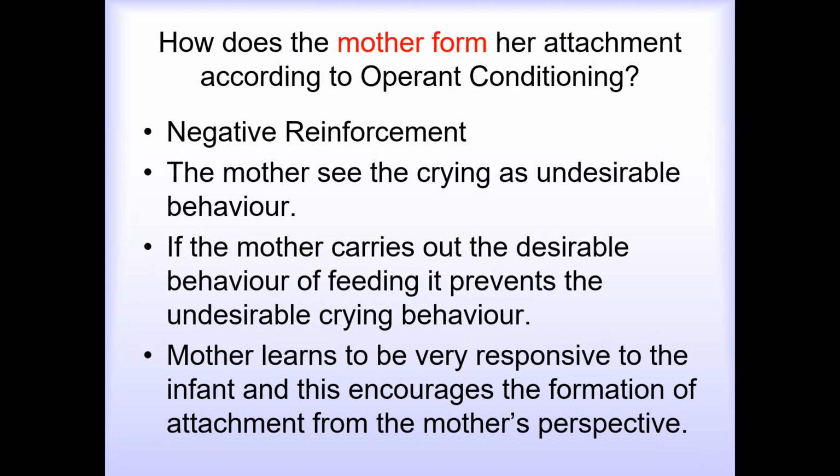She's becoming very sensitive to the infant's needs to prevent any undesirable behavior from happening, for example, crying. So here we've used operant conditioning to explain how attachment starts. This is the start of attachment from an infant's perspective, and also from the mother's or the caregiver's perspective.